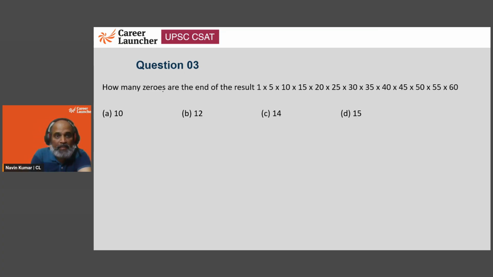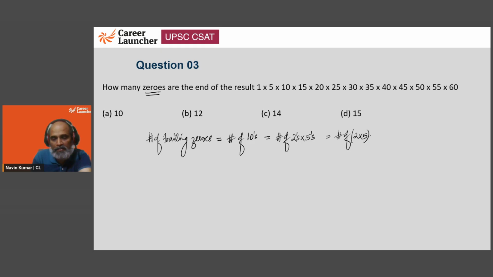So basically, zeros at the end, also known as trailing zeros, the number of trailing zeros is going to be the same as the number of tens, and the number of tens has to do with the number of 2 into 5s. So each 1 two and 1 five will generate a 10, right?